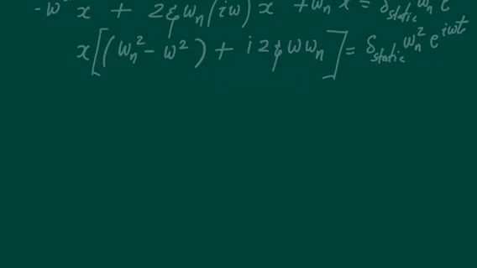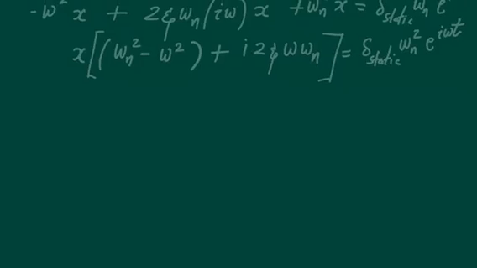Now, x can be written like this. One more thing: before that we have to make note of the fact that x was represented like this, X e raised i omega t. Once we substitute this over here, this e raised i omega t and this e raised i omega t will cancel each other.